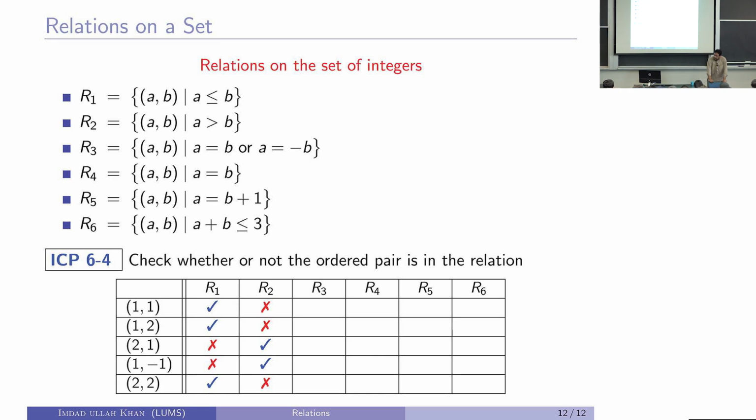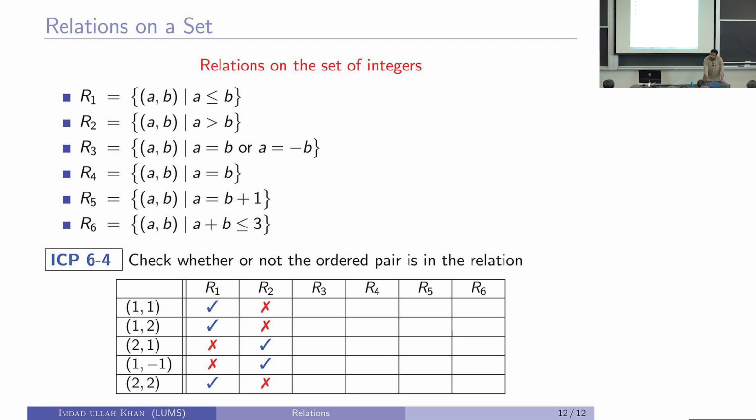So, is 1 1 an element of R1? Why is 1 1 an element of R1? Because 1 is less than or equal to 1, right? So the criteria of the relation says that if A is less than or equal to B, then I should add A B to the relation.